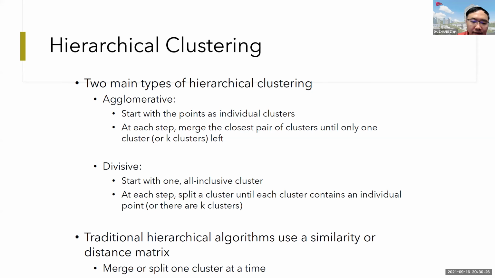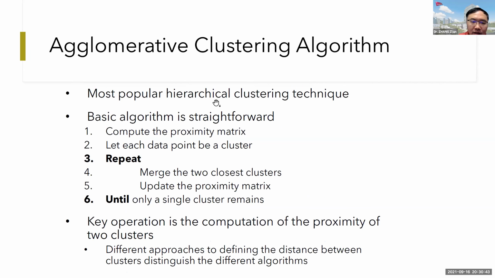The traditional hierarchical algorithms use a similarity or distance matrix to determine the merge or split of one cluster at a time. So we will focus on the agglomerative hierarchical clustering algorithm.